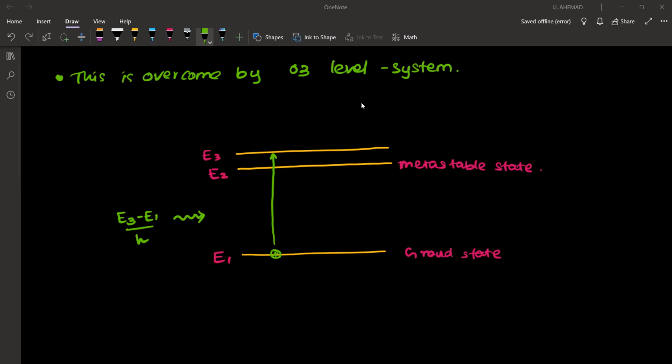Therefore, we are pumping to this level, and from this level, the electron undergoes spontaneous emission to fall to this metastable energy level. And from there, it will again fall back to the ground state.